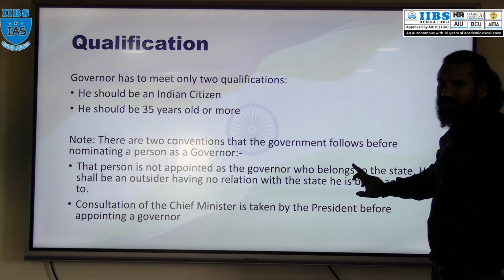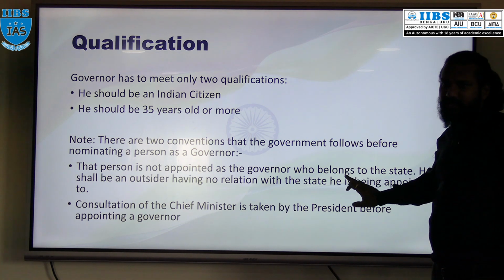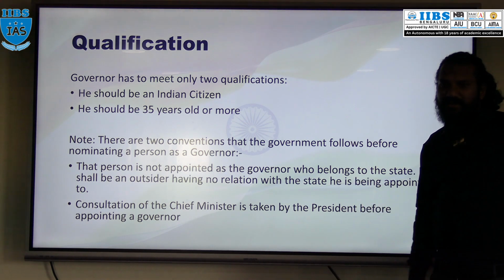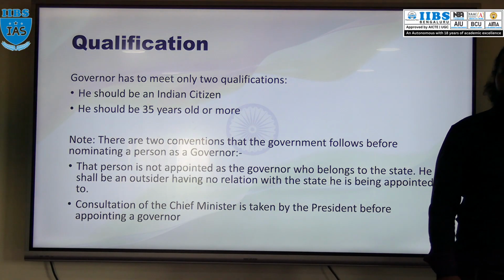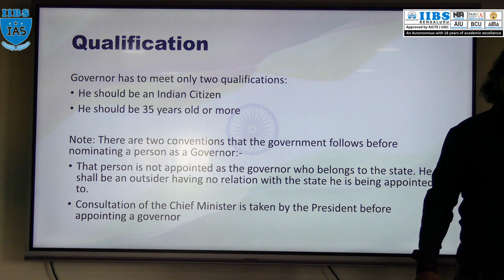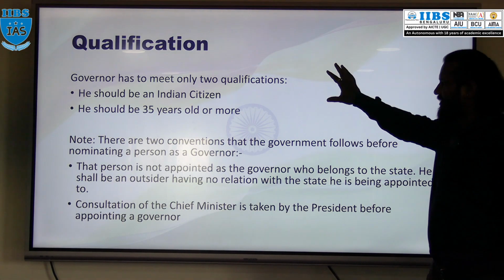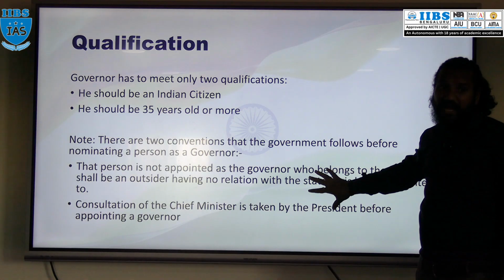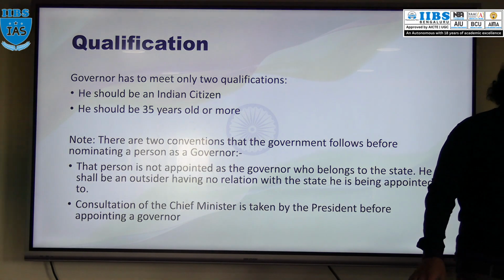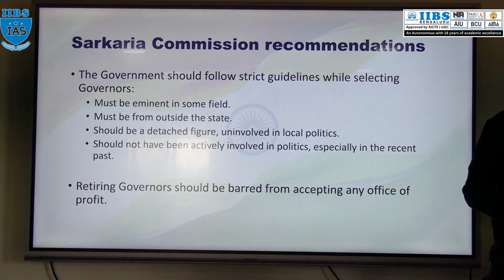What is the first convention? Should not belong to that particular state, and consultation of the chief minister is mandatory while appointing the governor in that particular state. You are getting the point? So this is about the qualification. This is constitutional qualification, and these are the conventions which generally they follow.